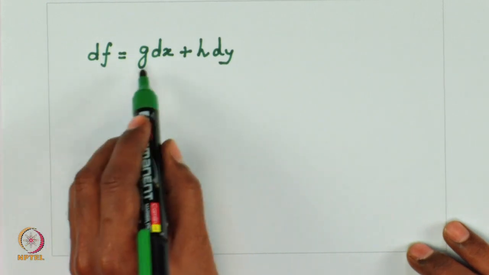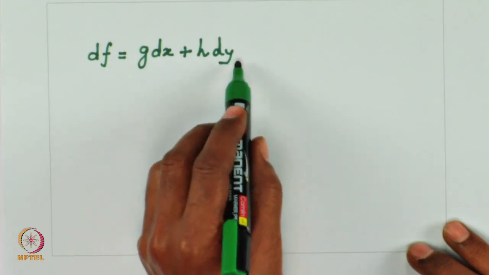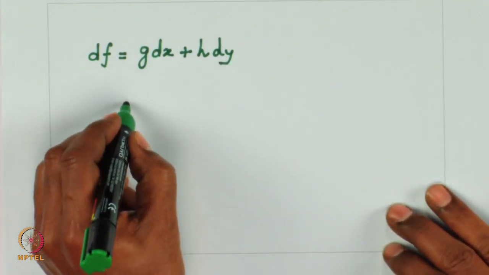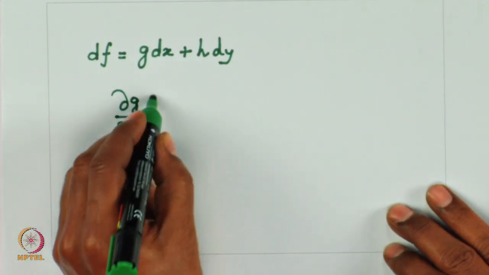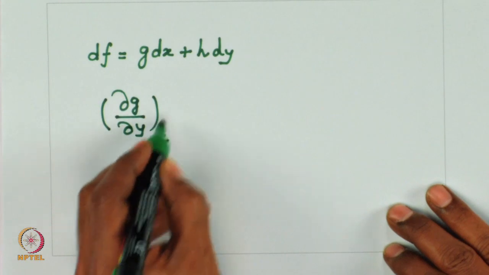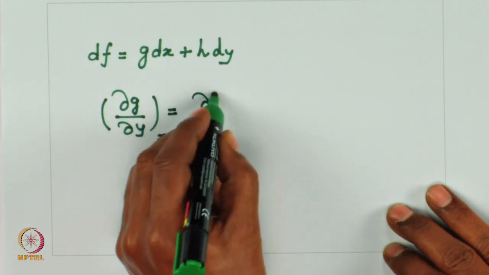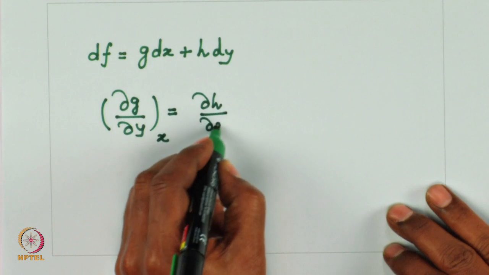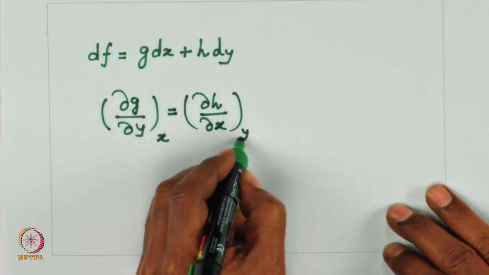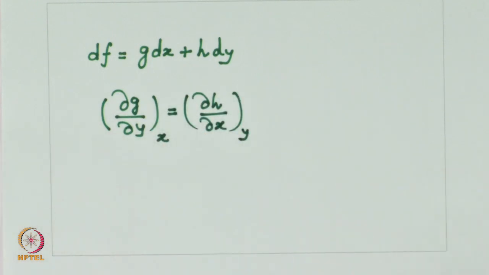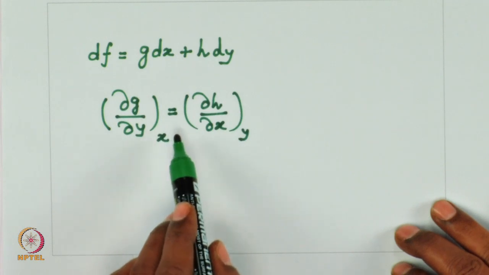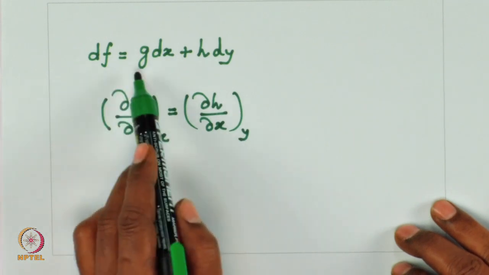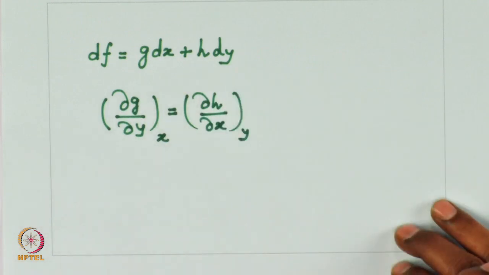So, we say df is equal to g dx plus h dy is exact if dou g dou y at constant x is equal to dou h dou x at constant y. These partial derivative equalities will hold if df is equal to g dx plus h dy is exact.